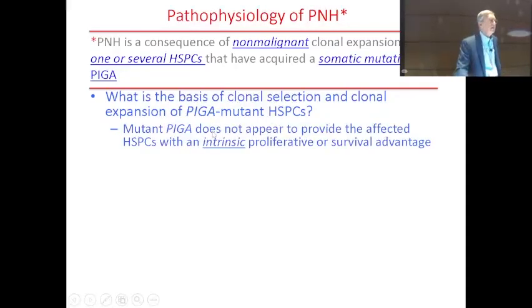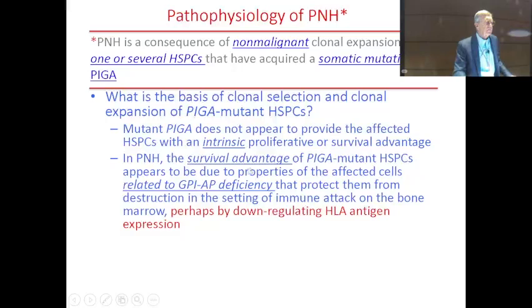This differs from a malignant disorder because there is no intrinsic proliferative or survival advantage if you have a mutation in PIG-A. So there must be another mechanism for clonal selection and clonal expansion, because the PIG-A mutation in and of itself does not produce a proliferative or survival advantage.